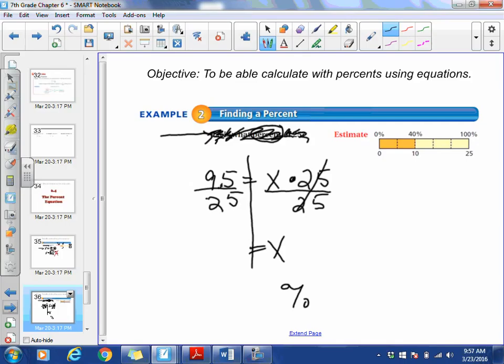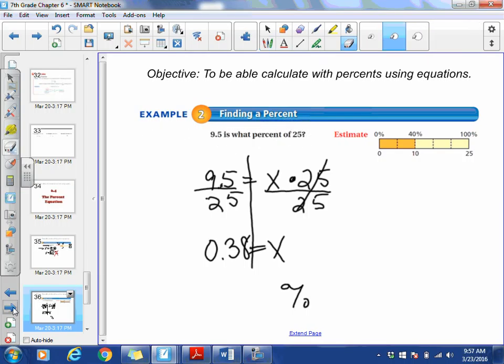On the other side, I have 9.5 divided by 25, which gives me 38 hundredths. And then remember, our original problem said 9.5 is what percent. So we have to write 38 hundredths as a percent.